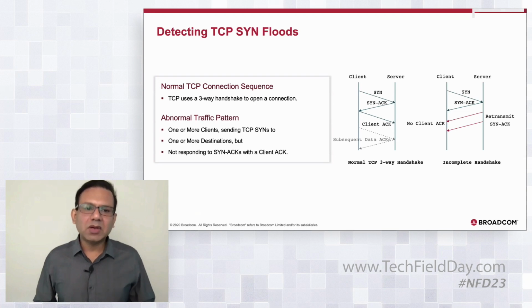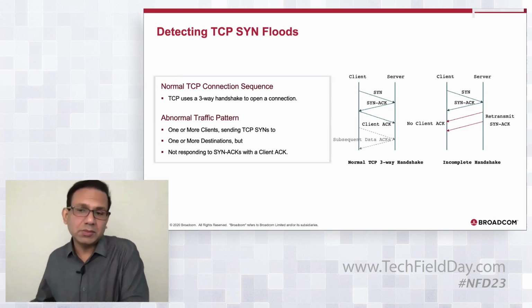Now, what's an abnormal traffic pattern here? You have one or more clients sending TCP SYNs to one or more destinations, but not responding to SYN ACKs with a client ACK. So the picture on the right now shows you have a SYN that was received at a server.